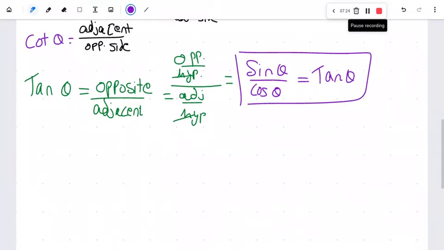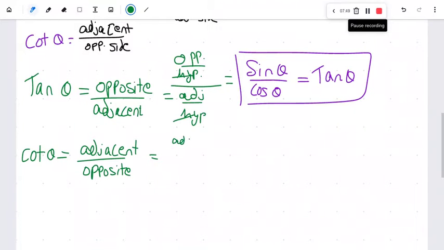Similarly, let's see one more relation, that of cot theta. Cot theta is the reciprocal ratio of tan. So cot theta is nothing but adjacent side divided by opposite. It is a reciprocal of tan theta, isn't it? Now, if I again put hypotenuse in both of them, I get adjacent by hypotenuse whole divided by opposite by hypotenuse.